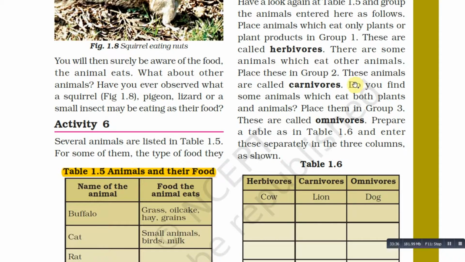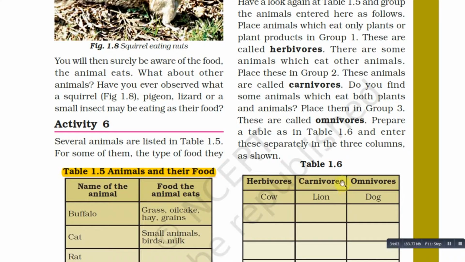And do you find some animals which eat both plants as well as animals? They are called omnivores. Suppose a dog will take milk from you, and it will take a cat, a chicken from you, everything. So, omnivores.